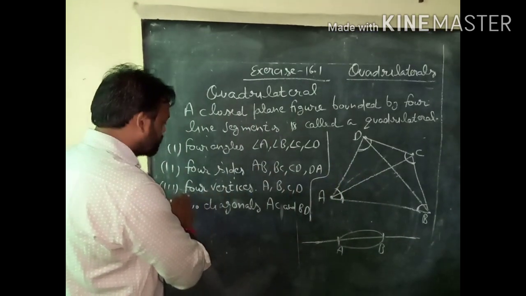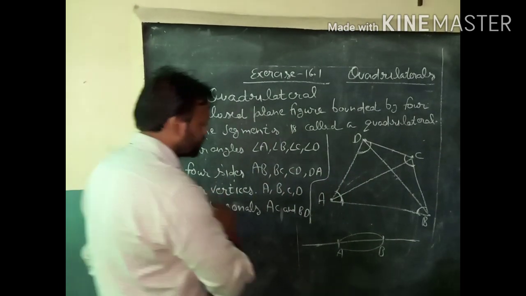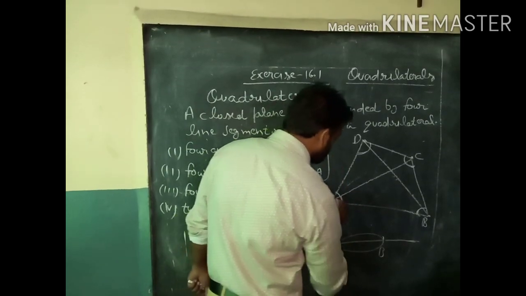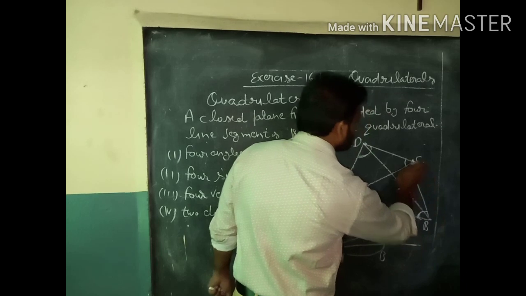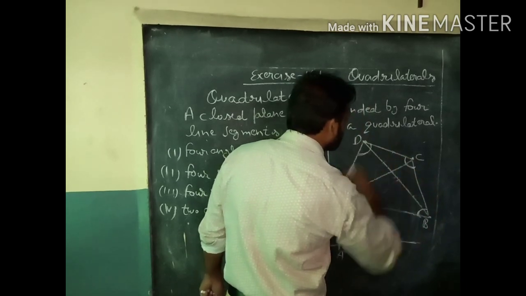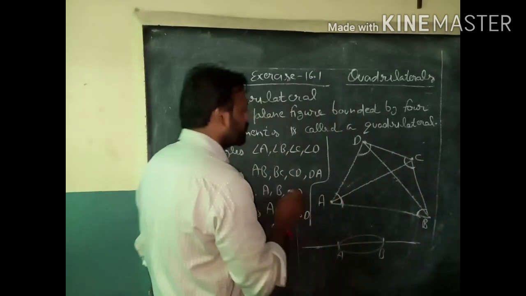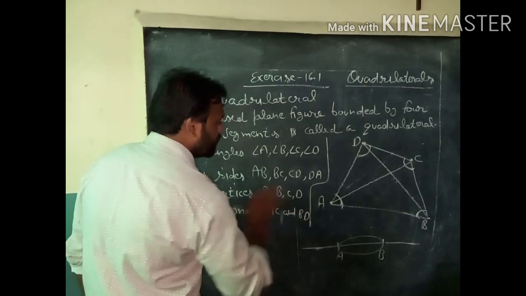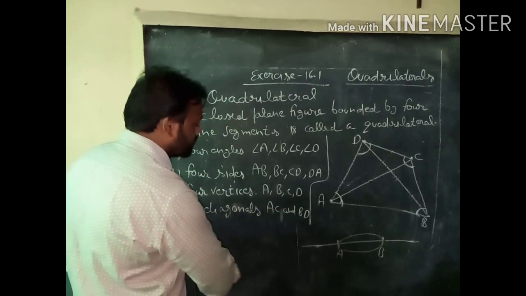Next, it has 4 vertices. What are the vertices of a quadrilateral? These corners, A, B, C and D, are called the vertices of the quadrilateral. And last, it has 2 diagonals.